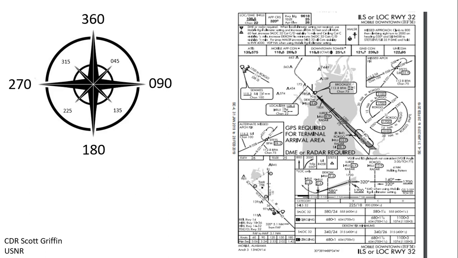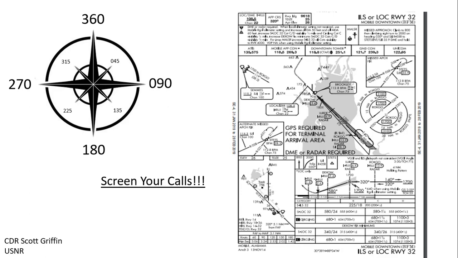So now that you have a general idea of what these headings are, we're going to incorporate that into what we can expect. So when you're thinking about what headings and altitudes you can expect, I'm going to ask you to screen your calls, because like I said, in sims you know how to fly the procedures, you know how to fly the approach, but now you've got a lot of other radio chatter going on, other call signs, and the controller's talking really fast because there's so much traffic out there.